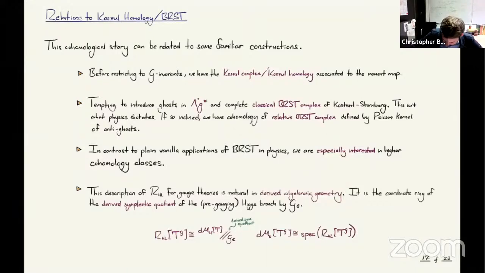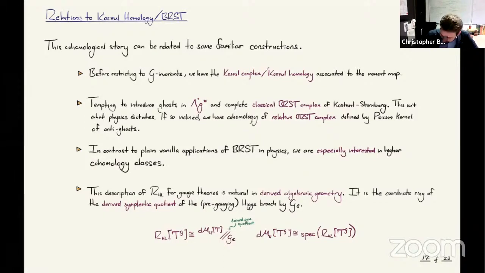And then the claim, and this now is really just going to be a slogan because I'm not going to have anything to do with it. But the claim is that what we're really doing here is the derived symplectic quotient in the sense of derived algebraic geometry. I've read some papers by Pavel and probably even other people who might see this at some point and I'll be embarrassed.